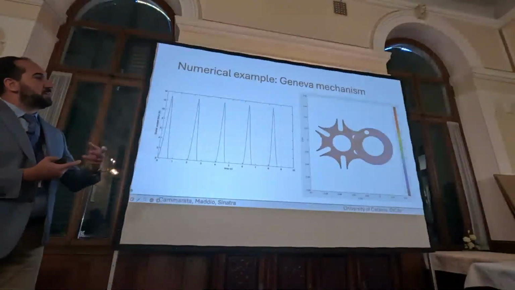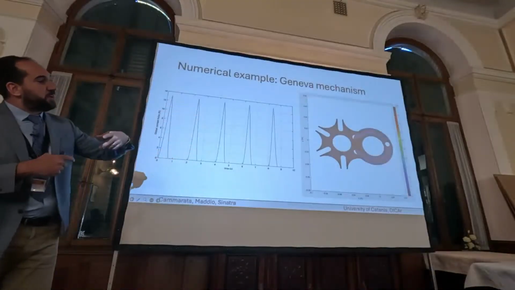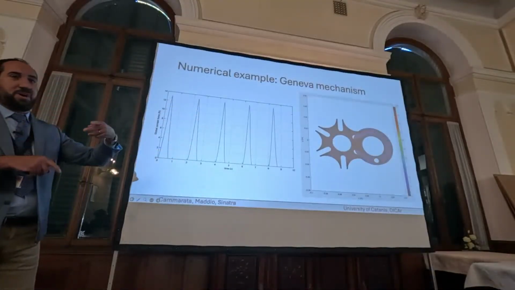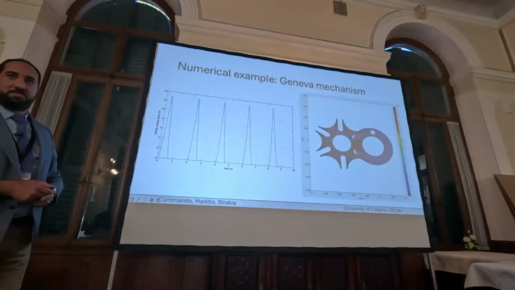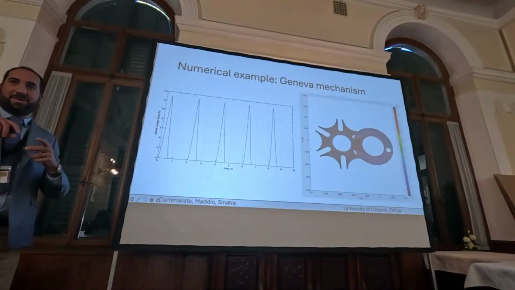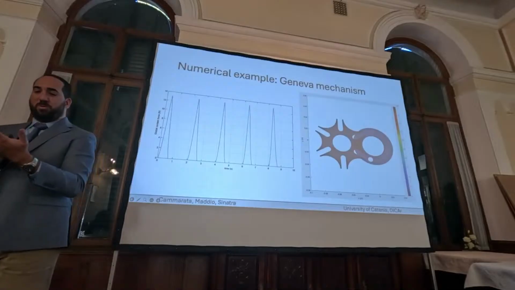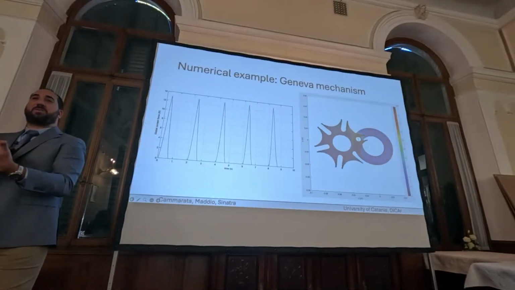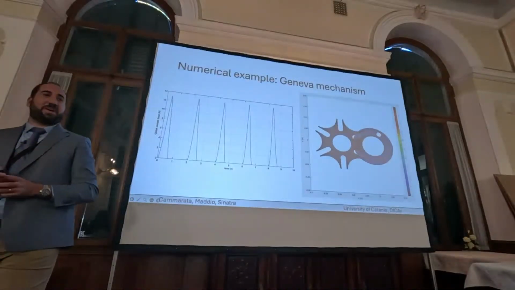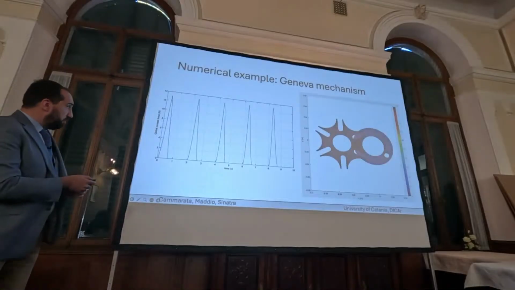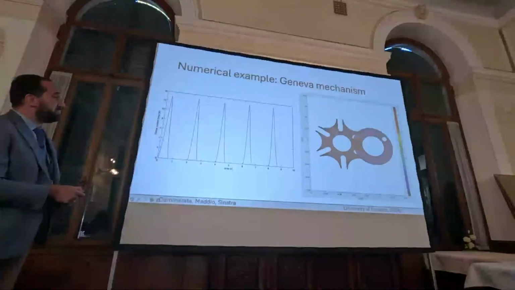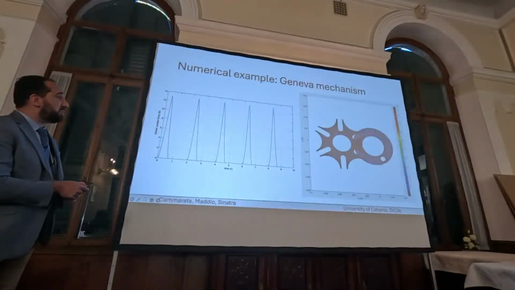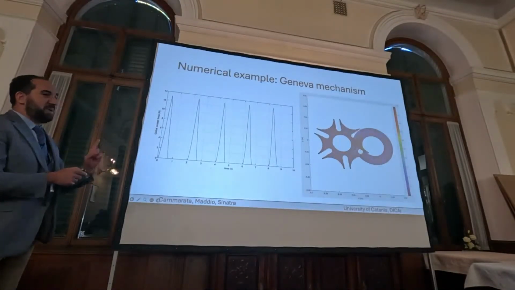In this case you have six slots, so for each rotation you have a rotation of the other body of 60 degrees. When you observe inside a mechanical clock, you have this system. This is the Geneva mechanism, and this is what happens to the contact force: most of the time it is 0 because they are not engaged, and then you have a peak value.